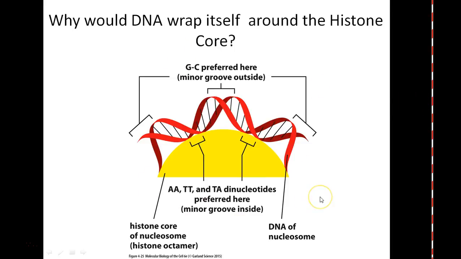What would have to happen in order for this interaction and the wrapping? Would you repeat that? Yes. So there are a lot of interactions. For the electrostatic interactions, what kind of interactions would be involved?